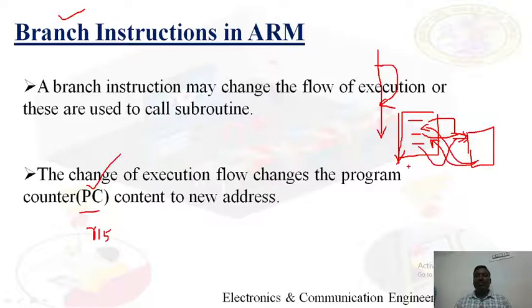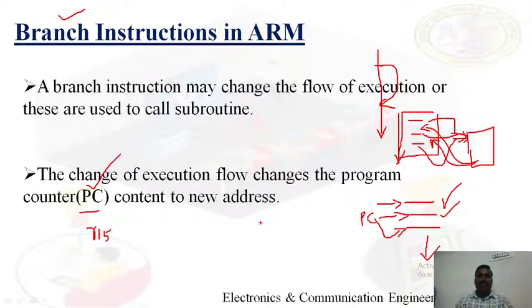The program counter's function is to hold the address of the next instruction to be executed. Suppose this is the first instruction, this is the second, this is the third. While the first instruction executes, the PC is pointing to the address of the next instruction. After the completion of the first instruction, the processor goes to the second instruction, and automatically the PC shifts to the third instruction.